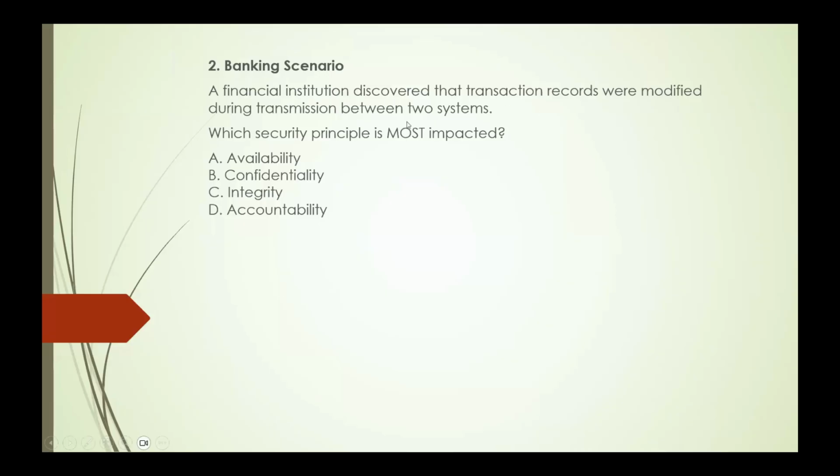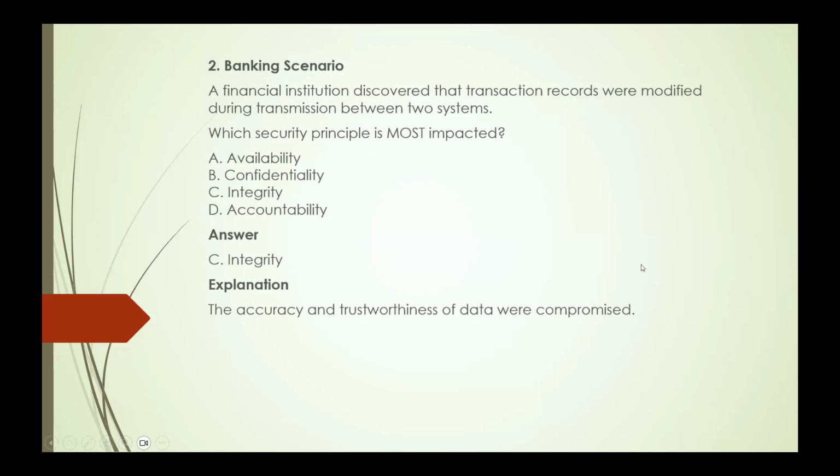The question is nowhere talking about who can see the data. It's saying that the records were modified during transmission, which clearly says that integrity is the issue, right? The accuracy and trustworthiness of data were compromised. That's why the answer is integrity.